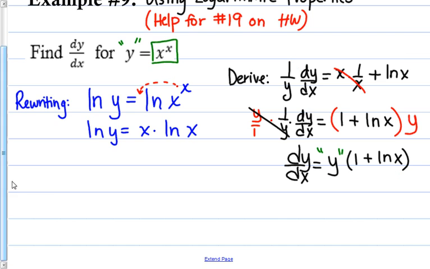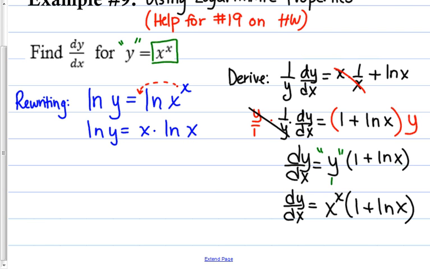So my final answer: dy/dx equals x to the x power times 1 plus the natural log of x. Remember, I replaced the y with what it originally equaled, and that is my derivative.